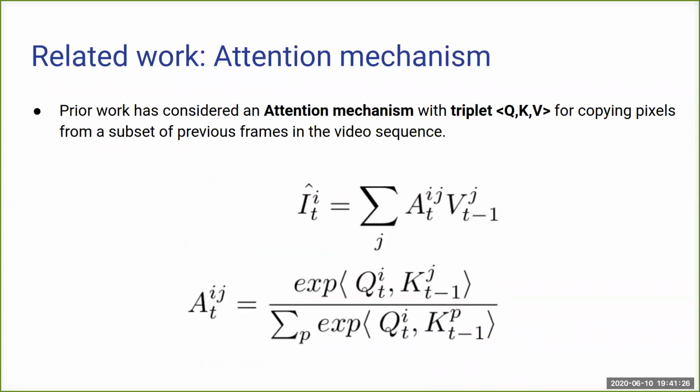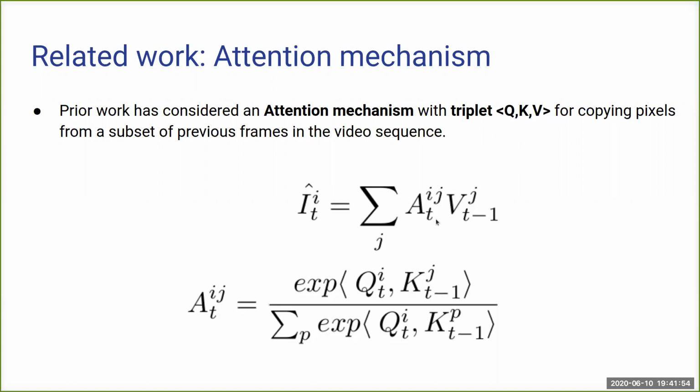I'll give a broad overview of the attention mechanism before I hand over to Sophia. Essentially, this first formula generates the pixel-level reconstruction for frame T. It uses a triplet Q, K, and V, so query, key, and value, for the attention mechanism. V corresponds to previous frames.